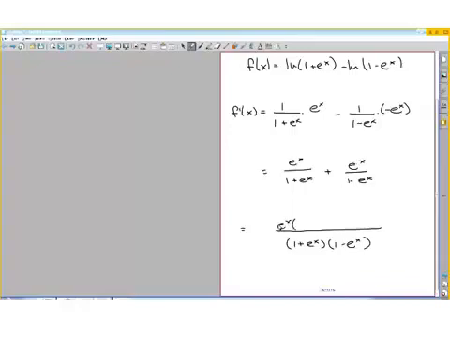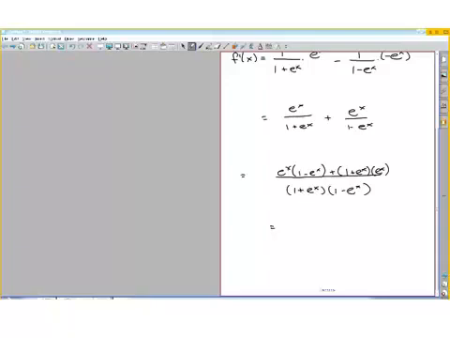So we get e to the x times 1 minus e to the x, and then plus 1 plus e to the x times e to the x. So that's this direction. So we do this, and then we do that.